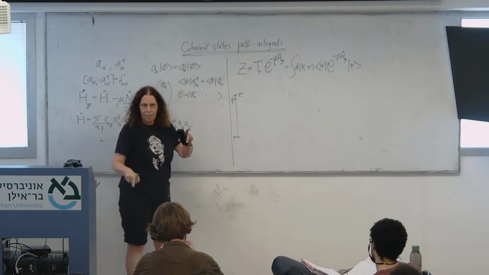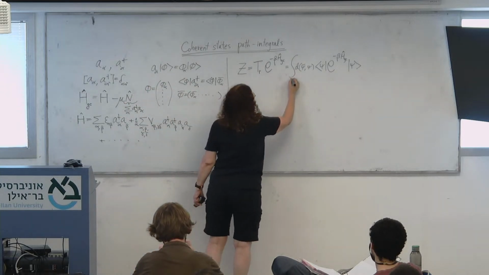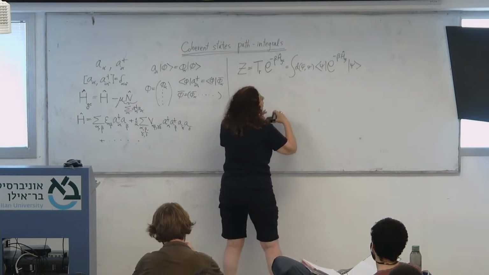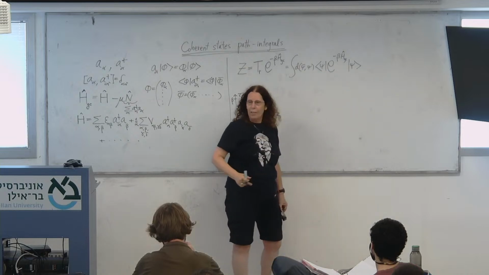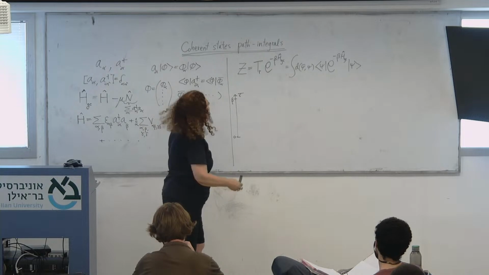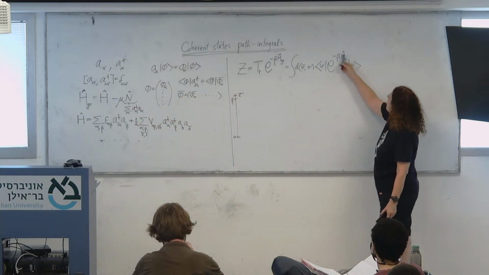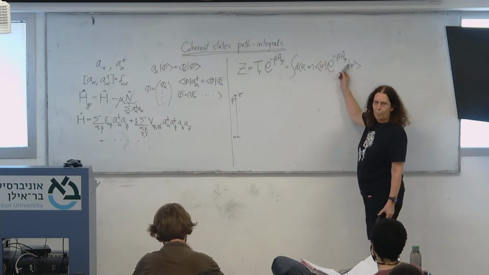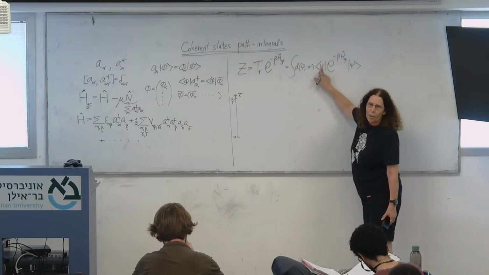Okay, it's a circle that goes from 0 to beta, but the psi has to satisfy this. Okay, the psi initial and psi final are one and the same. Okay, so we want to think of the operator e to the minus beta h as evolution in imaginary time from an initial state coming back to the same initial state.